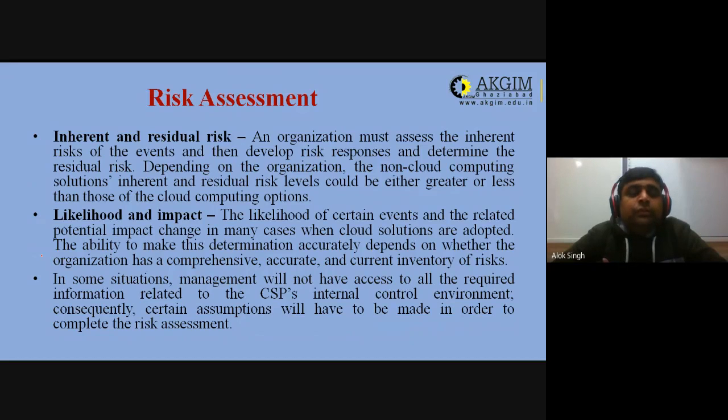In some situations, management will not have access to all the required information related to the CSP's internal control environment. Consequently, certain assumptions will have to be made in order to complete the risk assessment. So you should identify the frequency of various risks and the impact of those risks in your business processes.